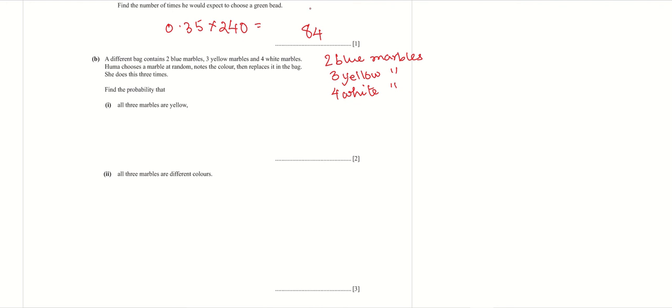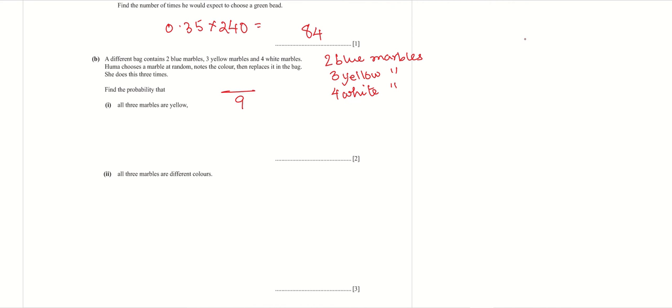So she chooses a marble at random from all these marbles. Total will be 2 plus 3 plus 4, which is 9. So out of 9, she chooses one of the marbles at random.